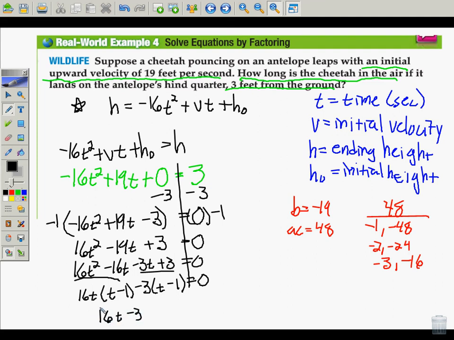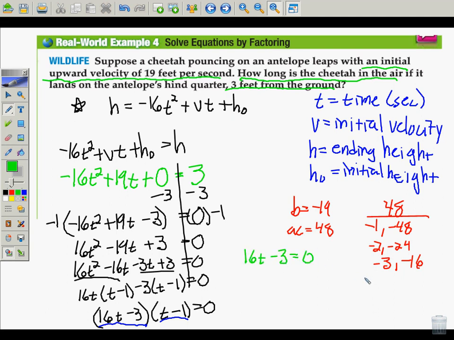Now I can take my zero product property and I can take each of these individual pieces and set them equal to 0, which means I can do 16t minus 3 equals 0, and I could also do t minus 1 equals 0. Each piece equals 0.